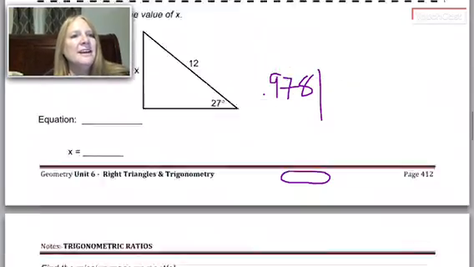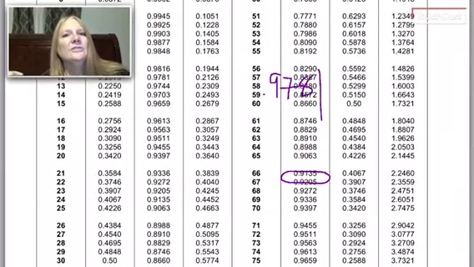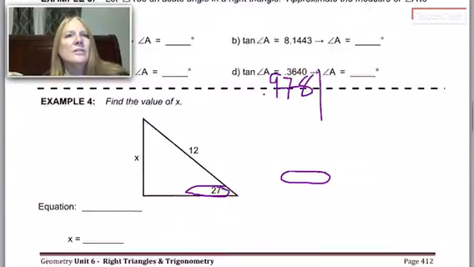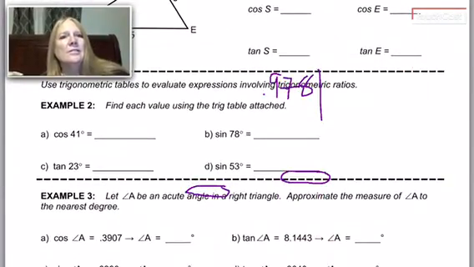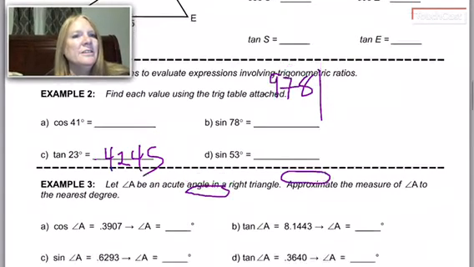So scroll back down. Tangent is the last column. 23 degrees is right here. So 0.4245. And then the last one is the sine of 53. Again, the first column, sine of 53.